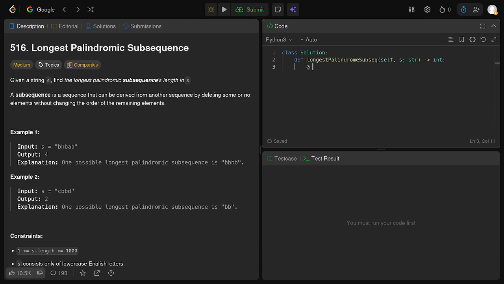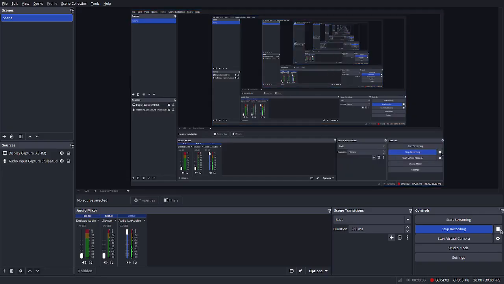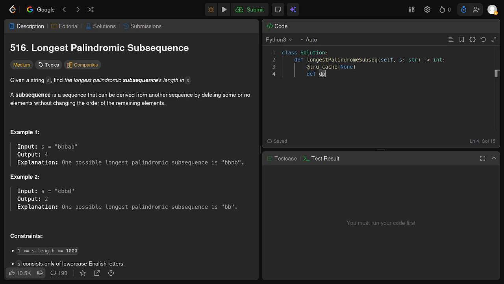So it's a cached function, dp. We do dp(i, j), right? And now if i is equal to j, we return 1.